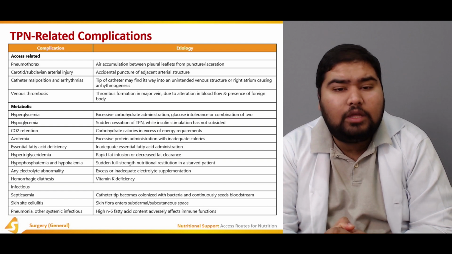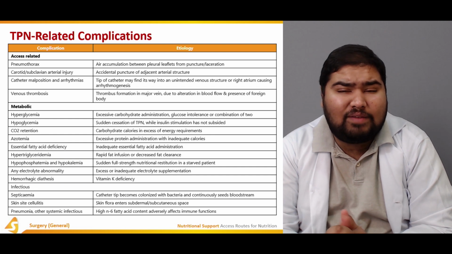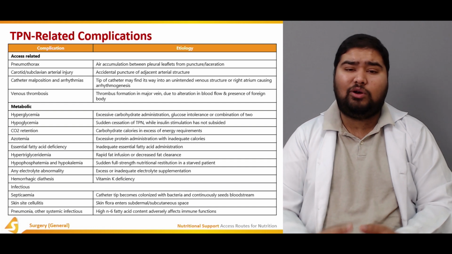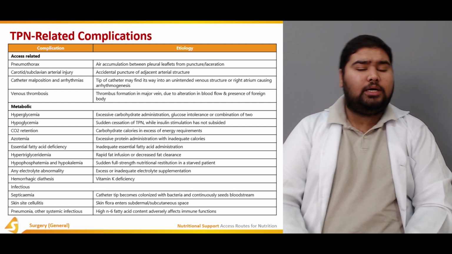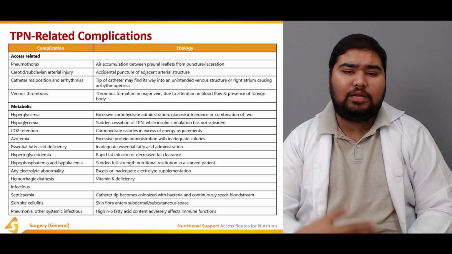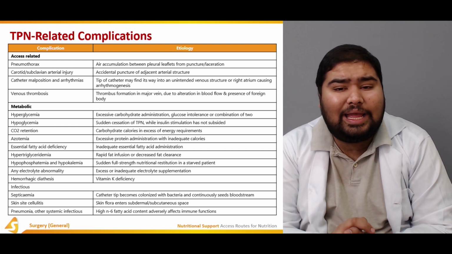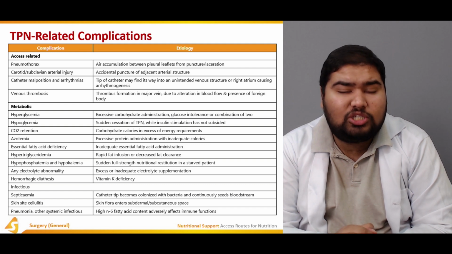Then you can have carotid or subclavian arterial injury. Again, you were trying to access the carotid vein, the subclavian vein, and you accidentally injured the artery. So there is accidental puncture of the adjacent arterial structure.